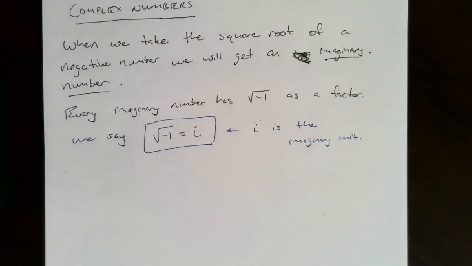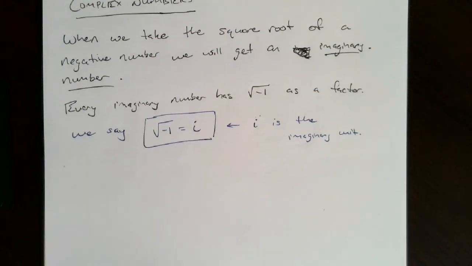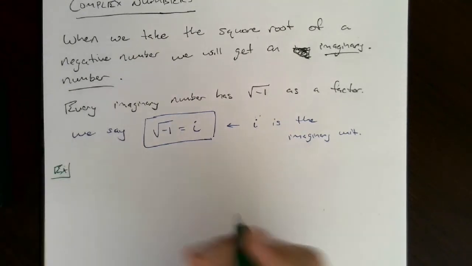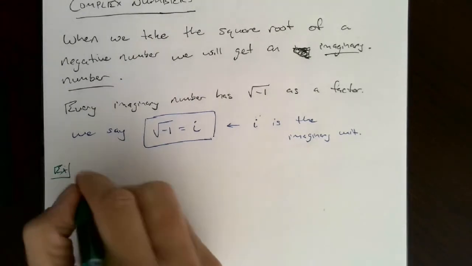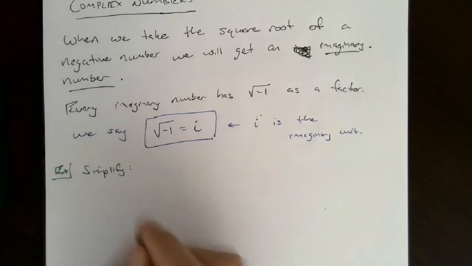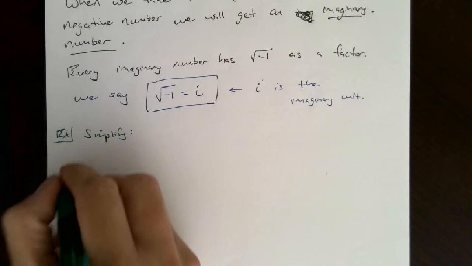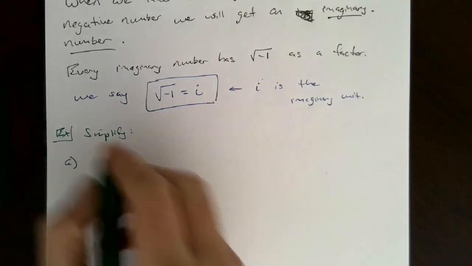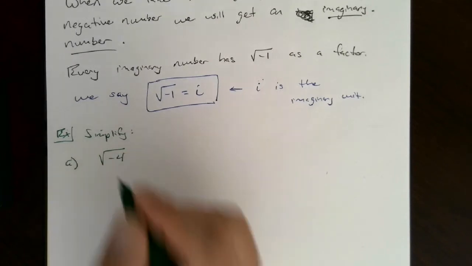So let's take some examples and simplify them. And the way you simplify this really is by factoring out the square root of negative 1 whenever you're taking the square root of a negative. So if I said to simplify, let's say, the square root of negative 4, just to keep it simple.